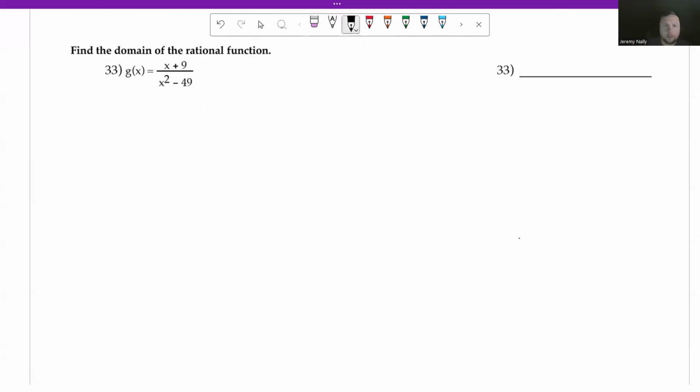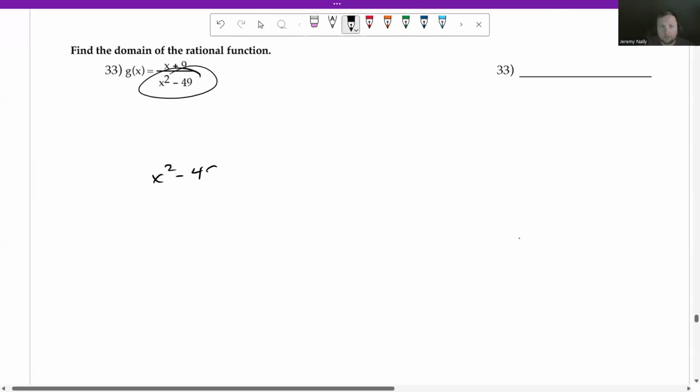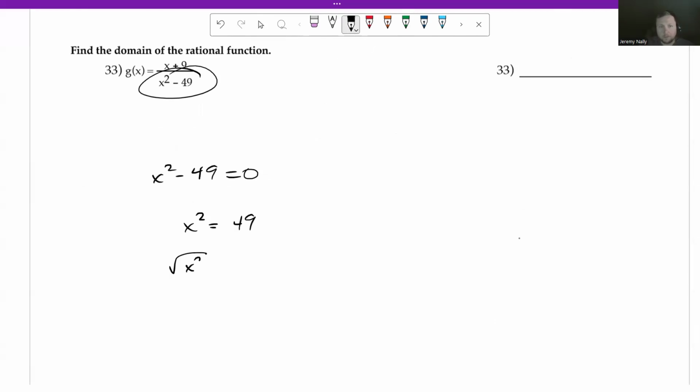Find the domain of the rational function. Nothing fancy, just take the denominator, set it equal to 0, solve for x. Don't forget, if you're taking the square root of both sides, to put the plus or minus in.